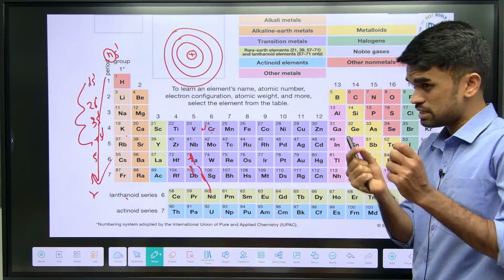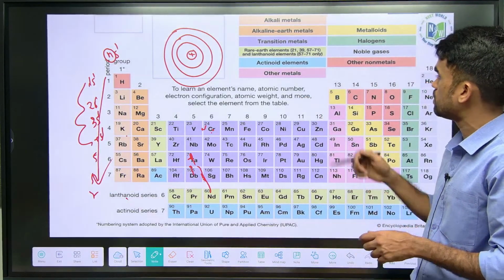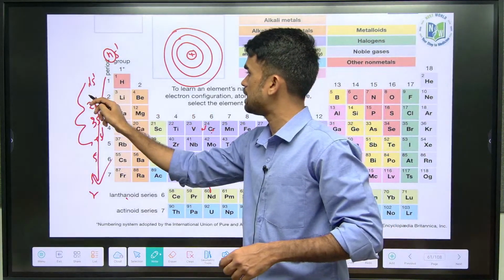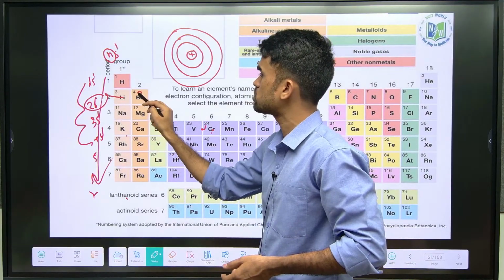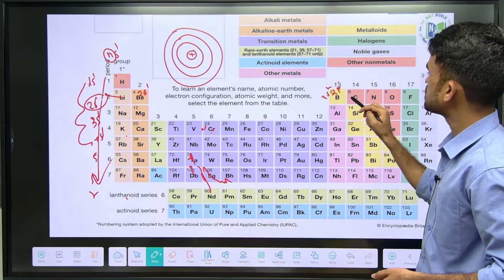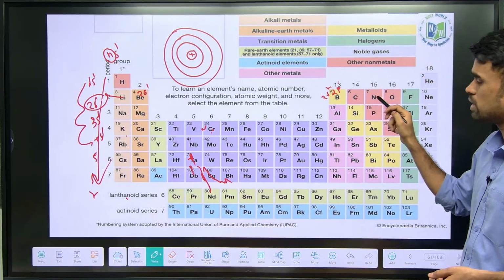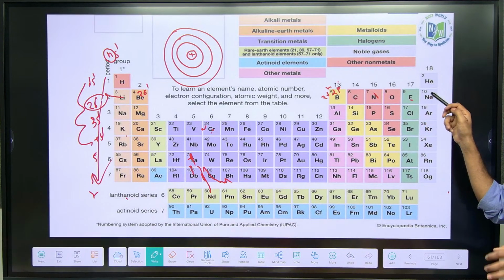So in order to understand this properly, tell me, what is the electronic configuration of the second period elements? This is 2s1 you are writing, this is 2s2, this one is 2s2 2p1, this is 2s2 2p2, then 2p4, 2p5, 2p6, like that we are writing.